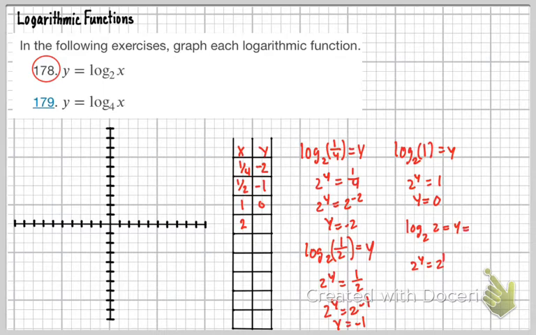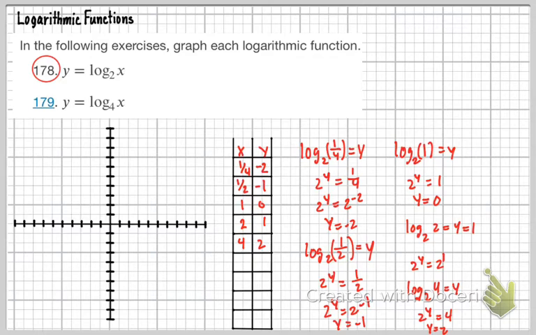So my y equals 1. So now I'm going to try 4. So that would be log base 2 of 4 equals y. So that would be 2 to the y equals 4. So y equals 2. Hopefully you're seeing this pattern here, and actually even what x values I'm picking.